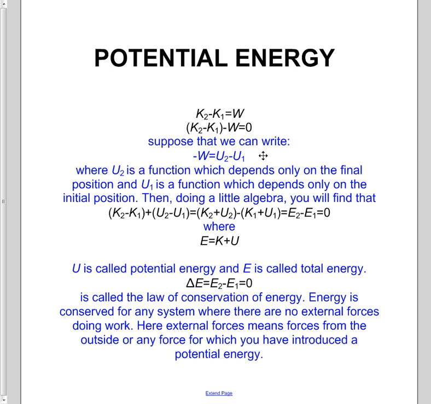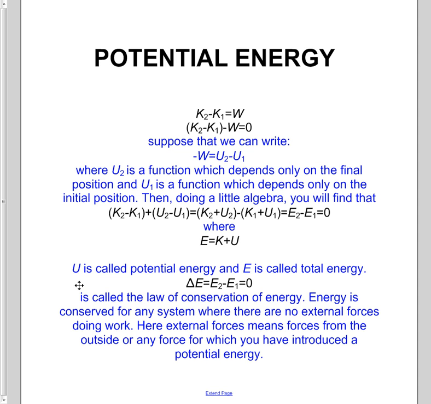If you then do a little bit of algebra, you will find that K2 minus K1 plus the quantity U2 minus U1, we rewrite as K2 plus U2 minus K1 plus U1, and we rewrite that as E2 minus E1 equals 0, where E is defined to be K plus U.